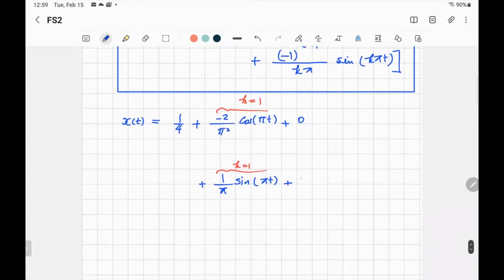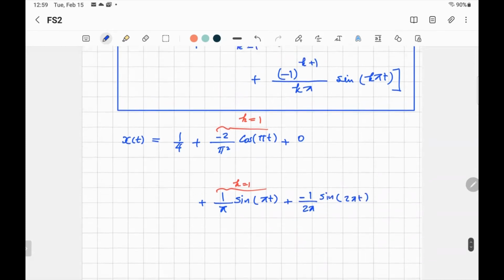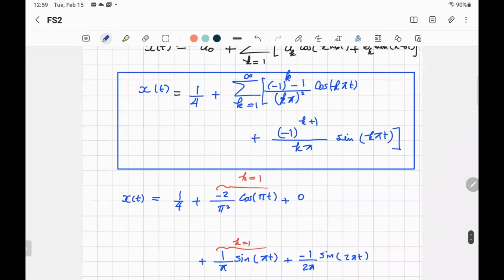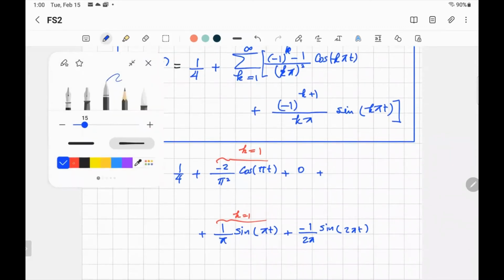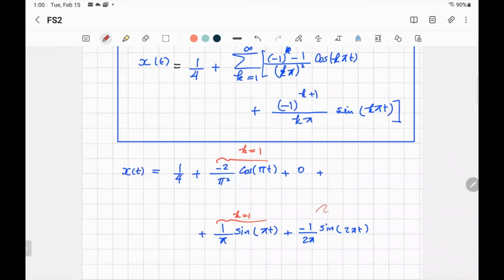So you have -1 over 2 pi sine 2 pi t. Let me review the first one. When you have k equal 2, that's 0, because you have +1 minus 1, that's 0. Okay. So plus, let me take one more, but let's remember, that's k equal 2.